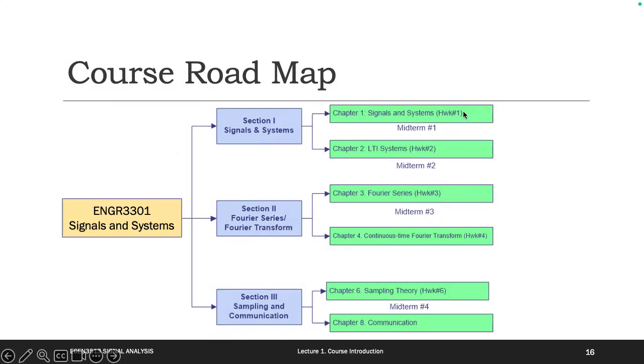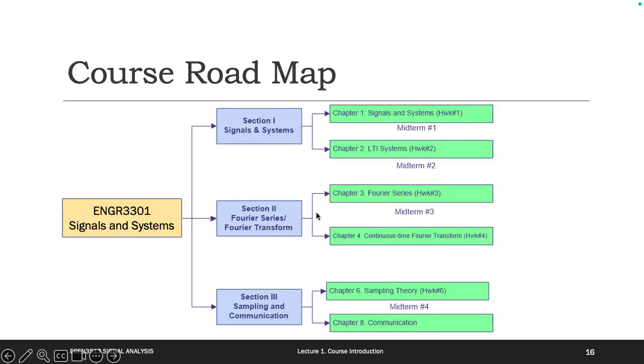And this is the course roadmap. We have already finished chapter 1, signals and systems, and next Monday I will do a review for chapter 1. We were supposed to have an exam on Wednesday, but we can have it on Friday since Honey has something to do. On Wednesday, I will talk about LTI systems.